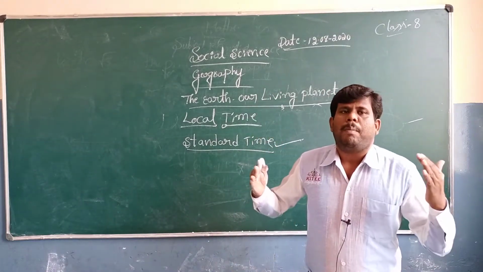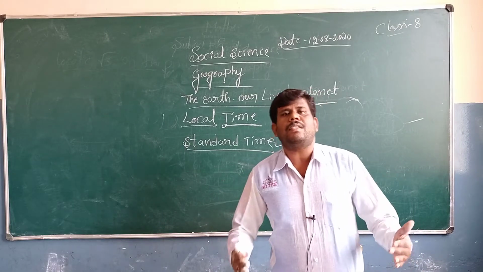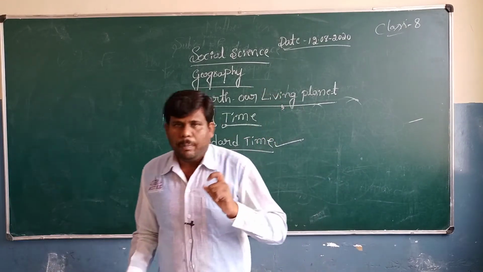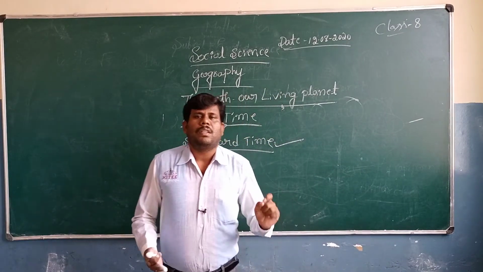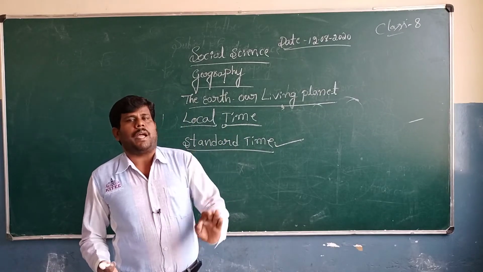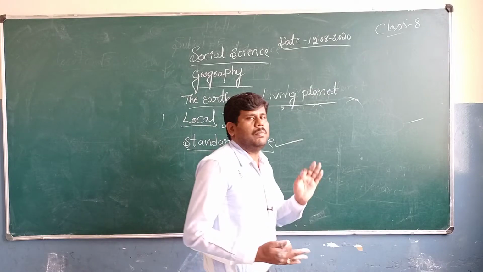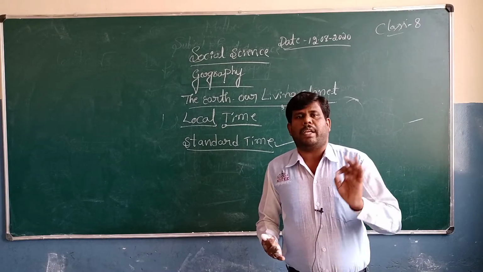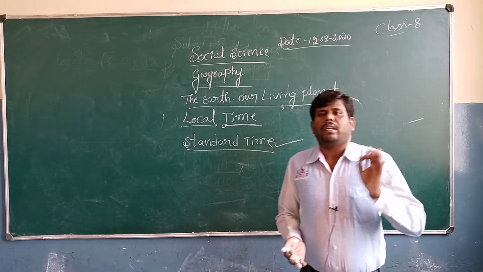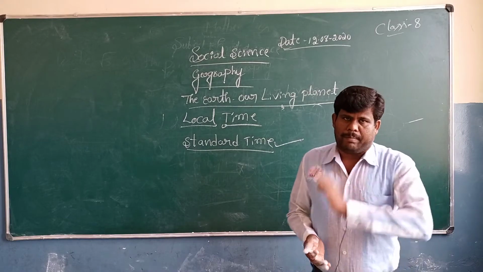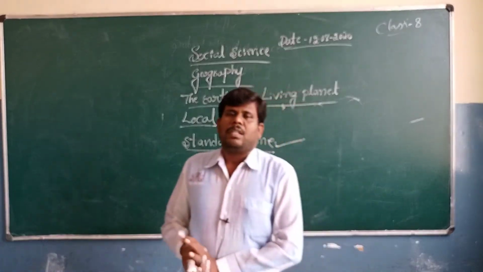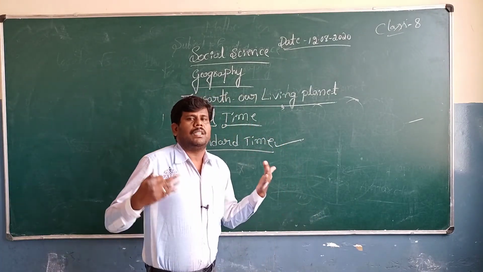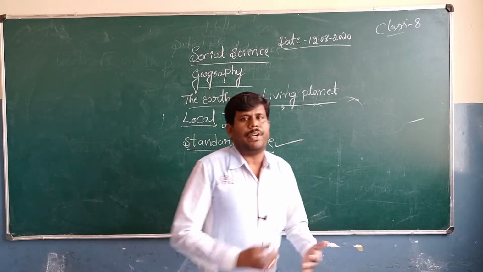That meridian passes over a major city or the capital of a country. On the basis of this meridian, the uniform time or standard time is based. All the countries' people follow it, so that is called standard time. Standard time means the uniform time followed throughout a country.